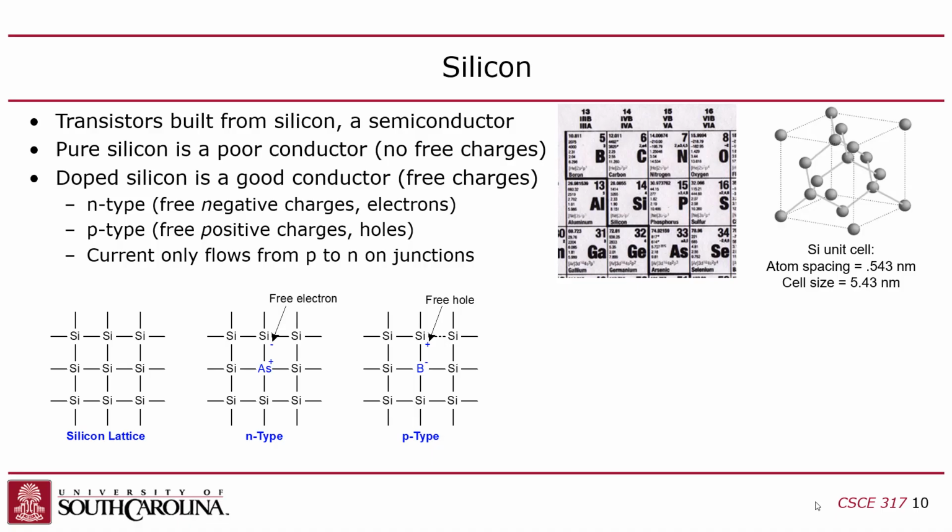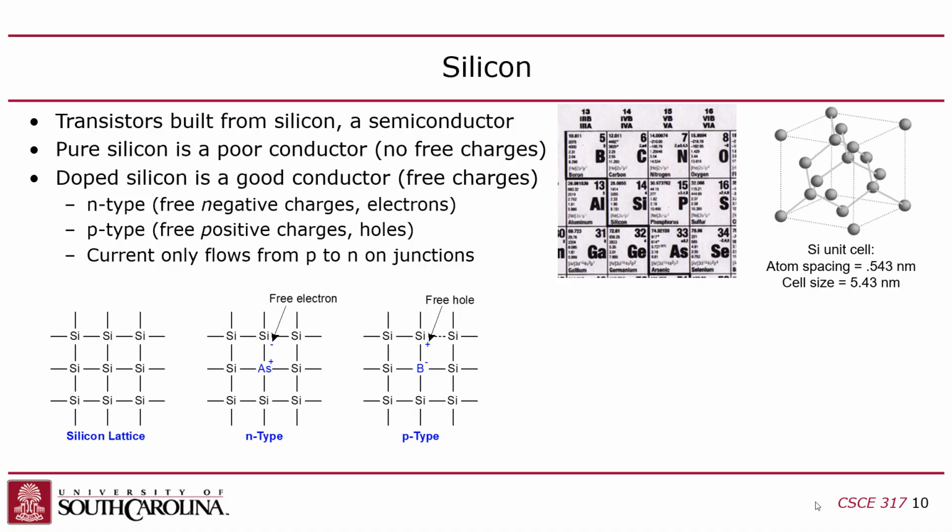But the other weird thing that's happening here is that when you dope it with a hole, those holes are known as the majority carriers. And this is the part that's almost hard to believe, but the holes are the majority charge carriers.